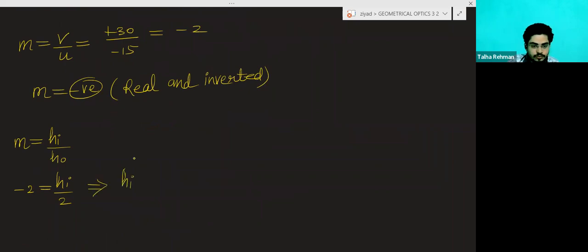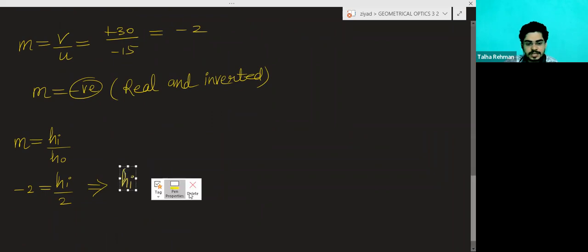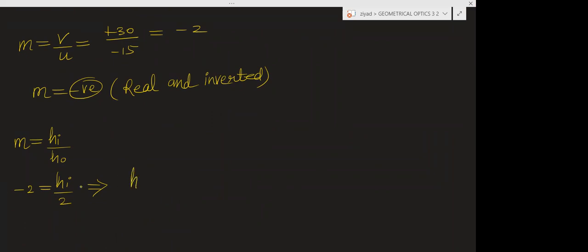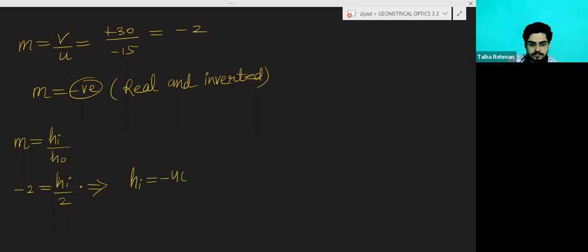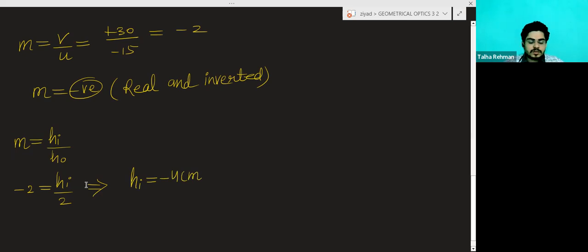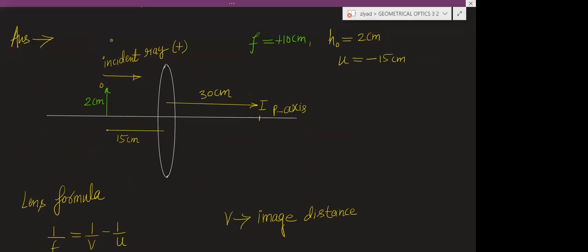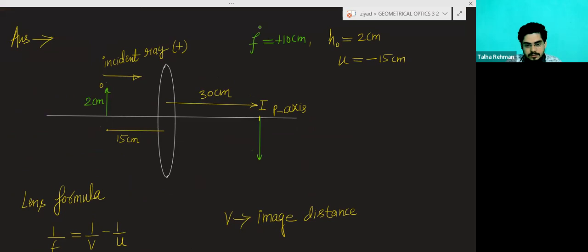So height of the image you will get -4 centimeter. If I draw here, the height of image will be like this. So this will be the image, and the height of the image will be 4 centimeter.